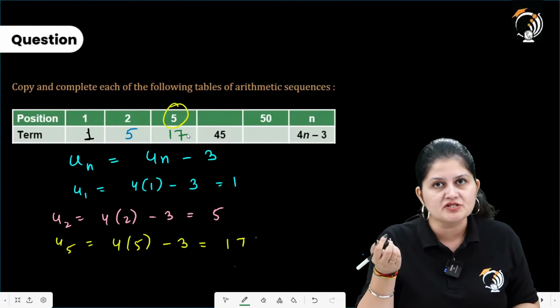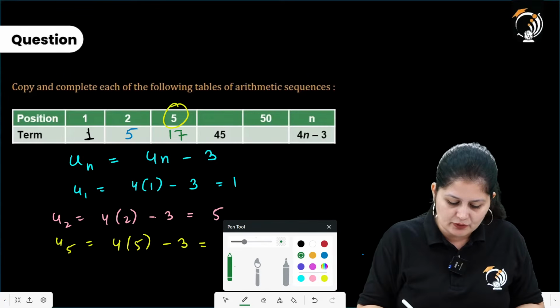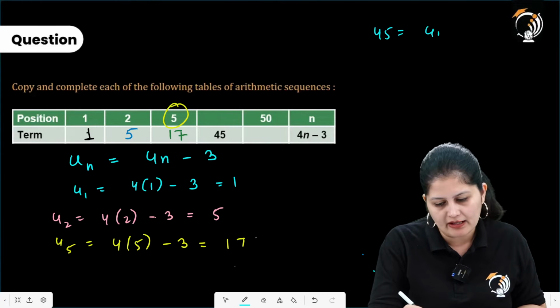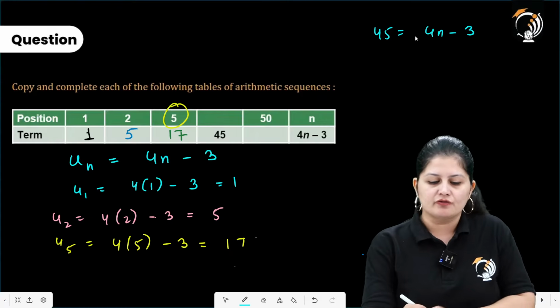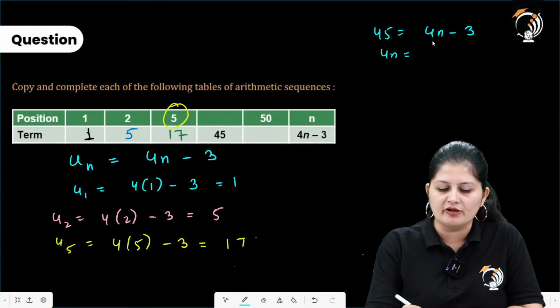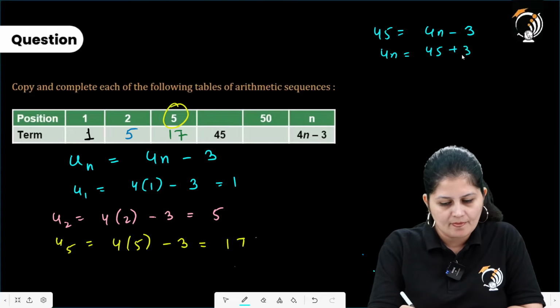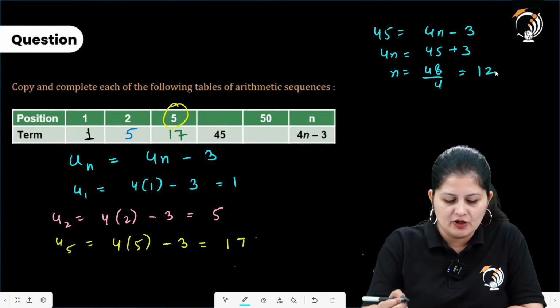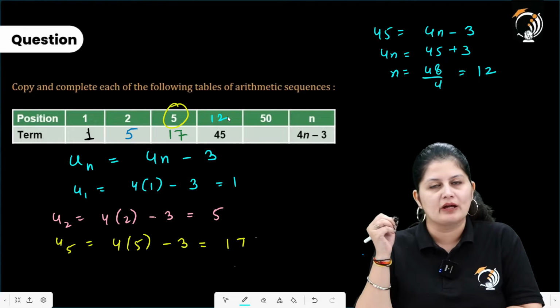So we simply do 45 is equal to 4n minus 3. So we get 4n is equal to 45 plus 3, so n is equal to 48 over 4, that is nothing but 12. So clearly we have got the value as 12 here.